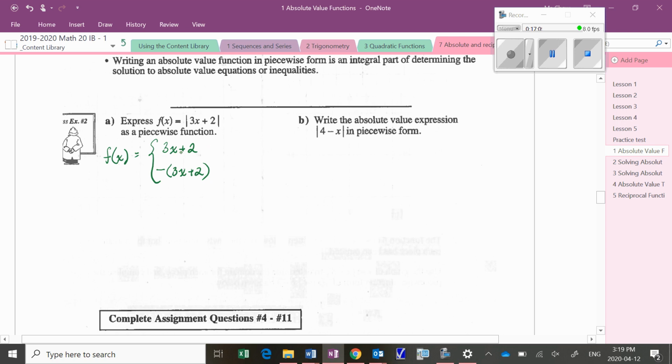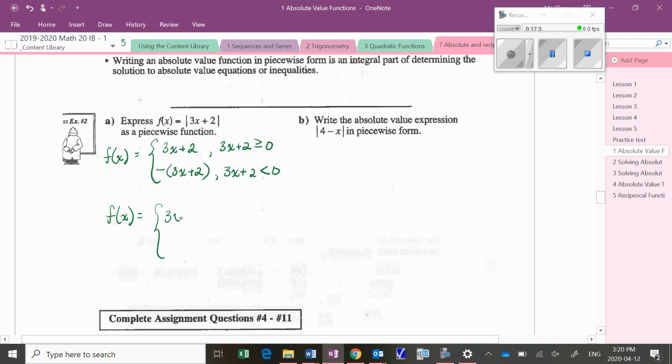And so when will it look like 3x plus 2? It will look like it when 3x plus 2 is greater than or equal to 0. It will look like the negative version when 3x plus 2 is less than 0. And so then we're just going to rewrite it again, cleaning that up.